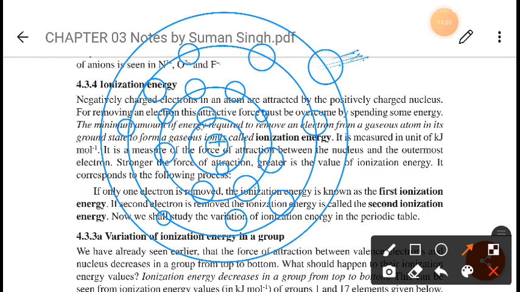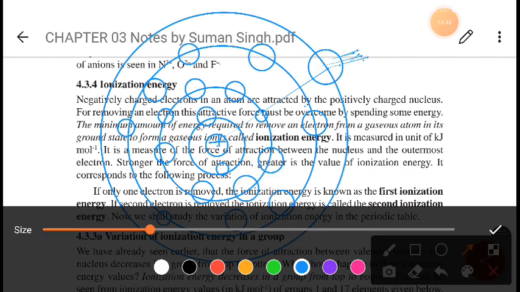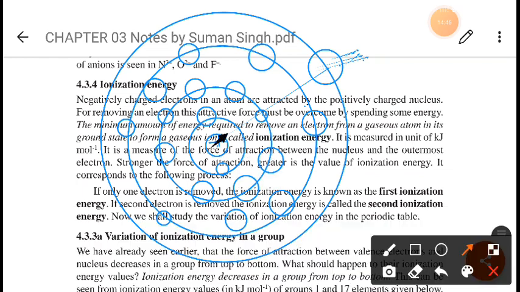The electrons which are present between the valence electron and the nucleus, as you can see, so many electrons are present, like this 1 2 3 4.